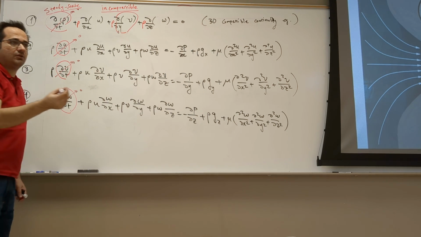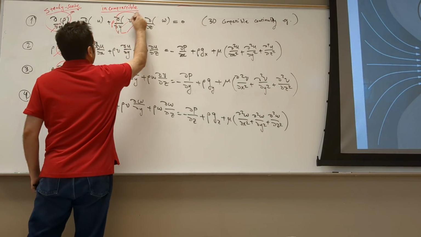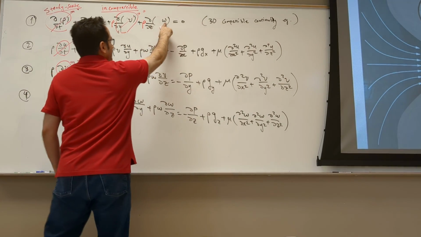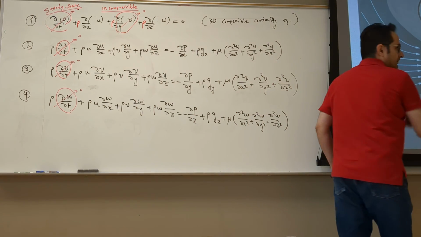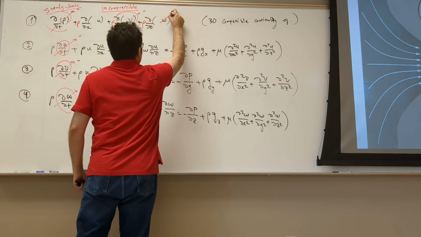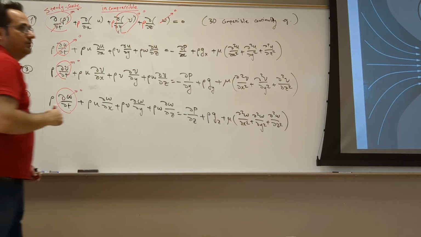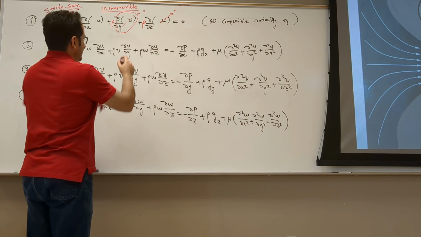If the function is zero, the derivative with respect to x, y, z or anything is zero. What about W? Do I have velocity in this direction? No, I only have U. So this term is also zero.